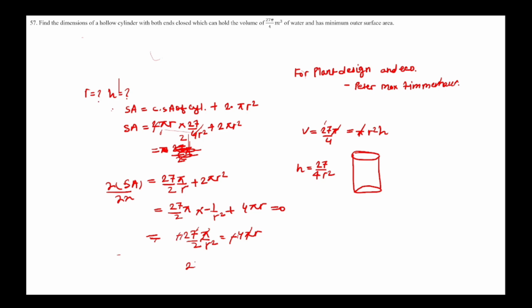So 27/8 is equal to r cube. So r is equal to 3/2. Since r is 3/2, we will calculate h from here. h is equal to 27/(4r²), which gives h equal to 3. So this is the question.